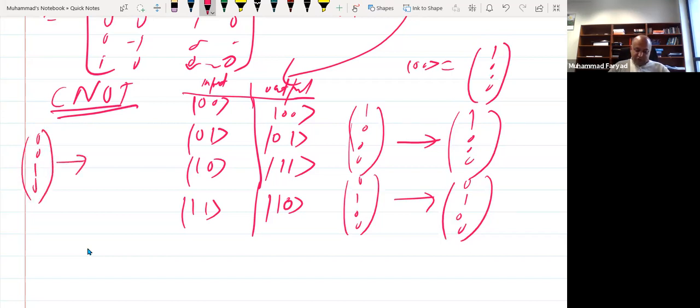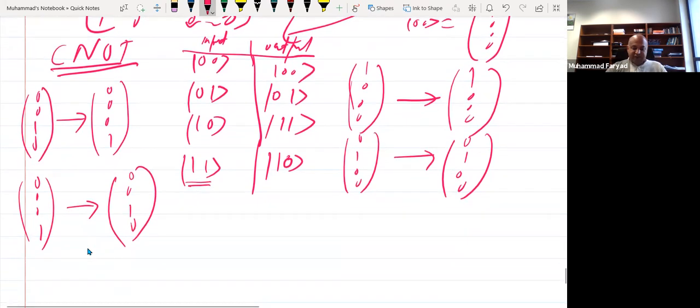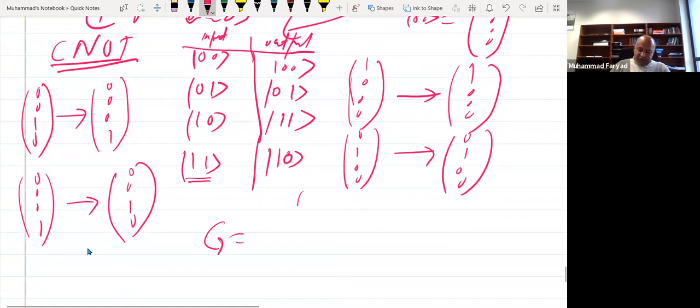So my matrix should convert it into 0, 0, 0, 1, which is this 1, 1 state. And this 1, 1 state should be converted to 0, 0, 1, 0. Now I have to construct this matrix, and that matrix actually is this: 1, 0, 0, 0, because when it acts on this 1, 0, 0, 0 state, it should give me 1, 0, 0, 0 back again. So there has to be a 1 here.